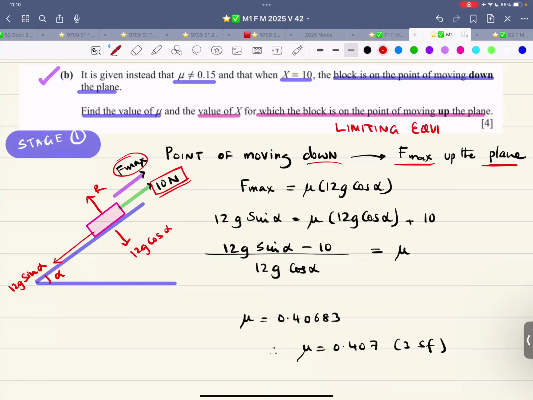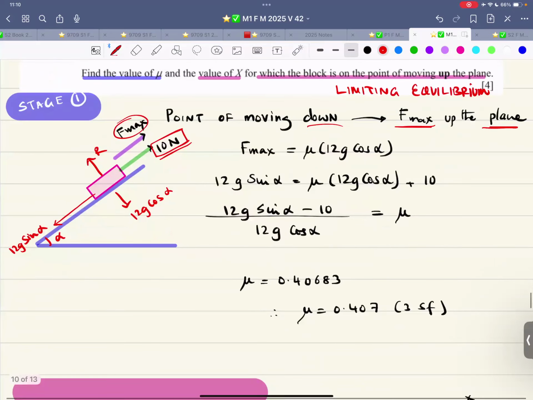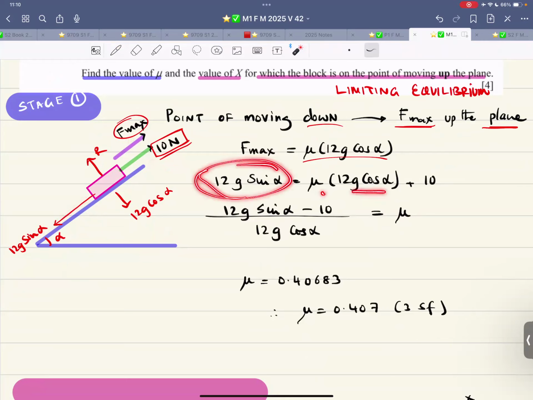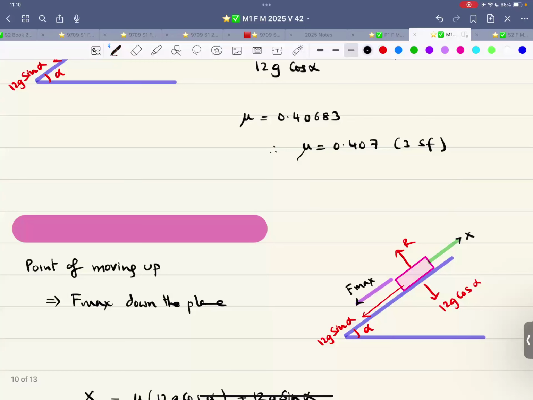Equilibrium with friction in it is called limiting equilibrium. So now F max is written like this. And therefore, this force down the plane should equal the sum of these two. Make this the subject, plug in the values, evaluate, you find mu. And now you will be using mu in the next stage. So now this is stage 2.